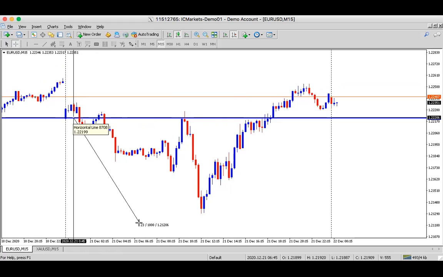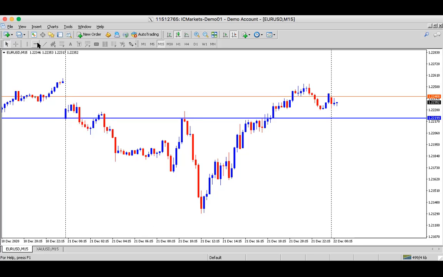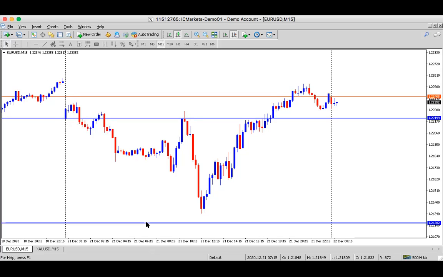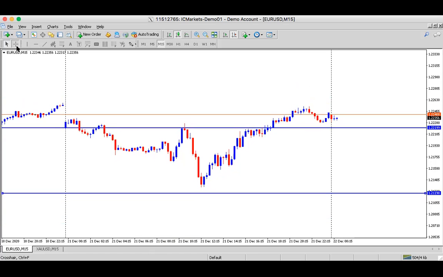So this point is the 100 pips point at 1.2119. Pick this and then fix it. So 100 pips down, 100 pips up.